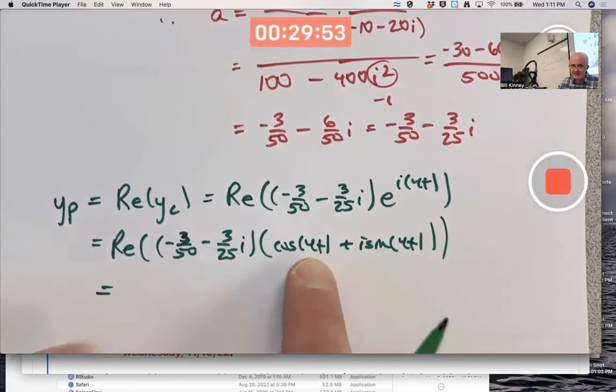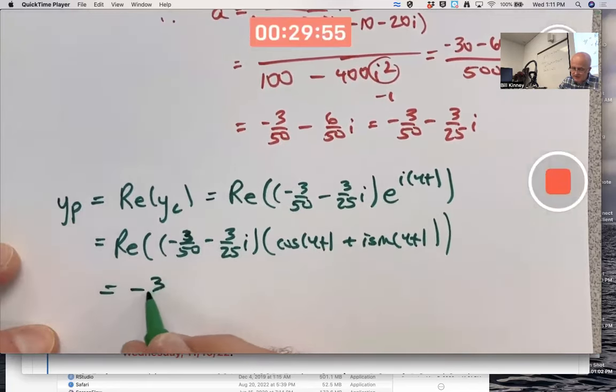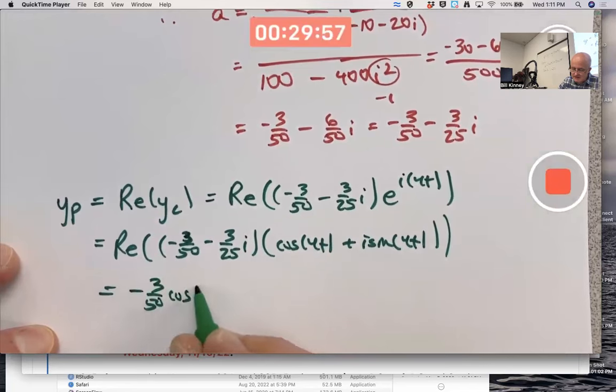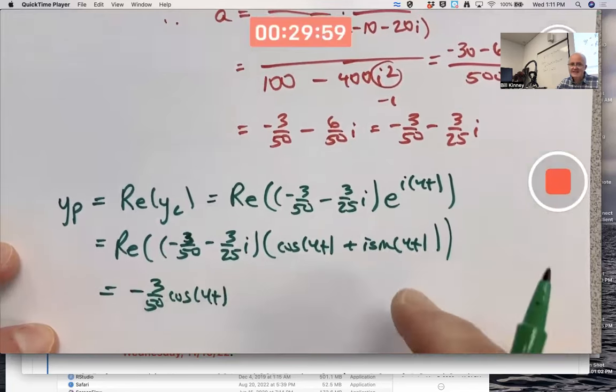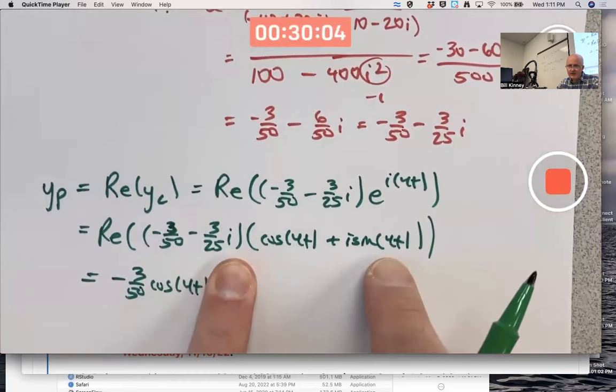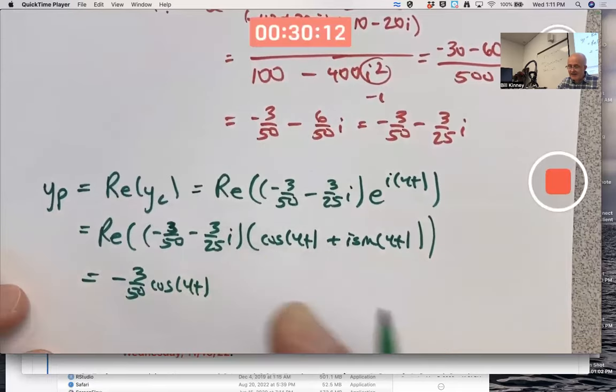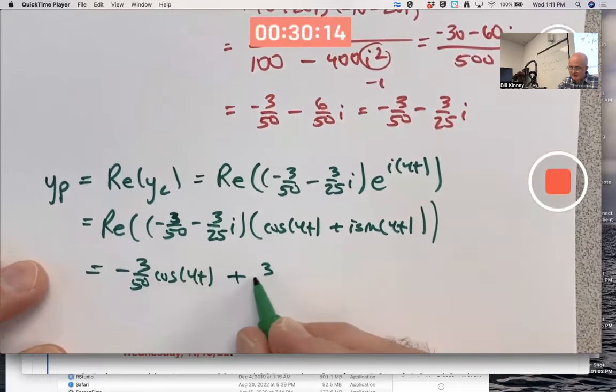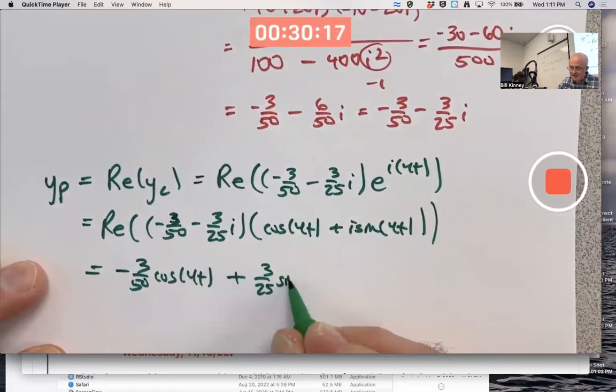First times first is negative 3/50 times cosine of 4t. Last times last, negative 3/25 sine 4t i squared. But i squared is negative 1, so the negative sign goes away. We get plus 3/25 sine 4t.